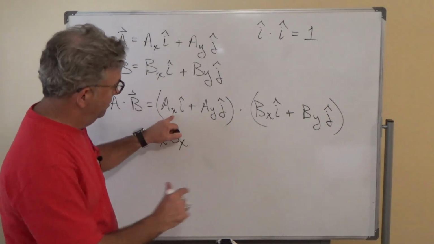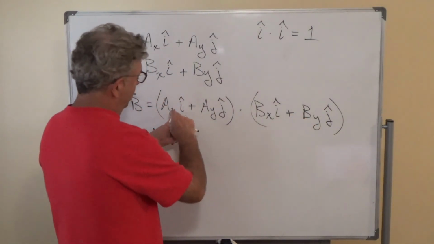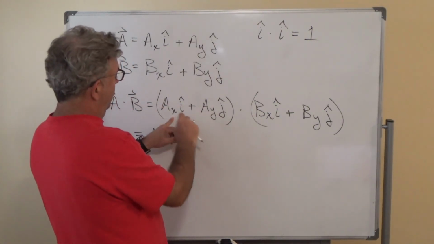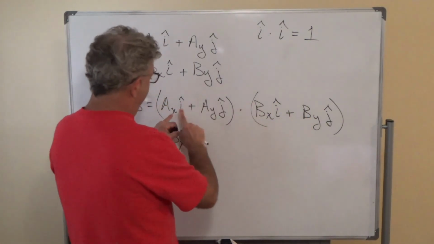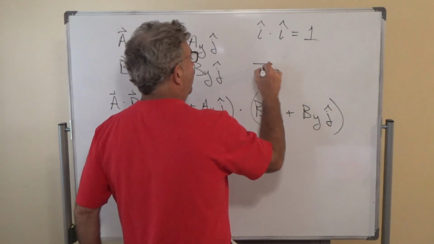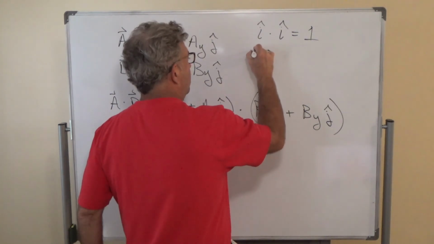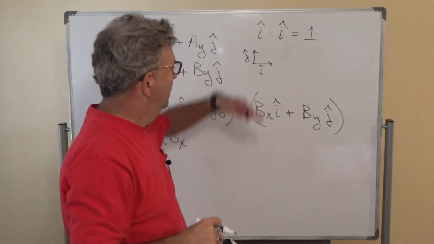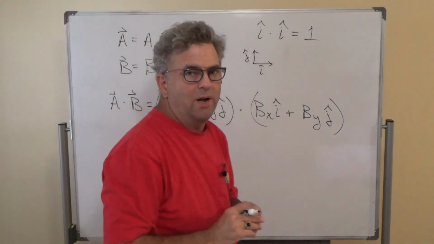Let's look at the second term. I'm going to distribute this here. AX BY i hat dot j hat. Well, i hat is in this direction, j hat is in this direction. That's the x direction, that's the y direction.